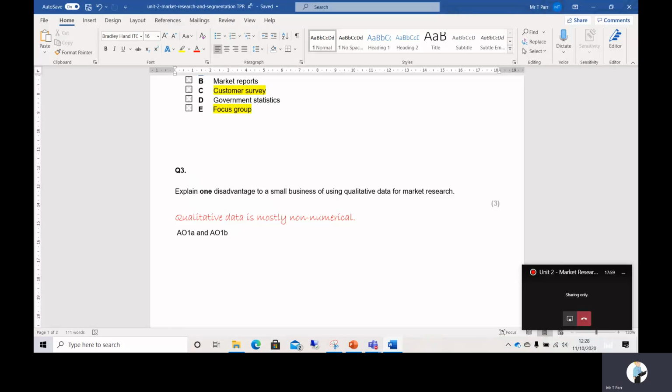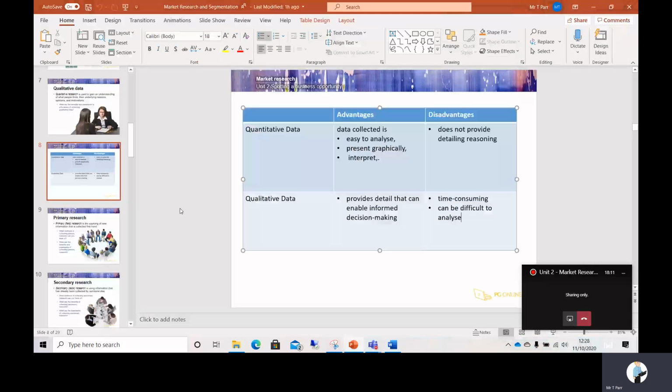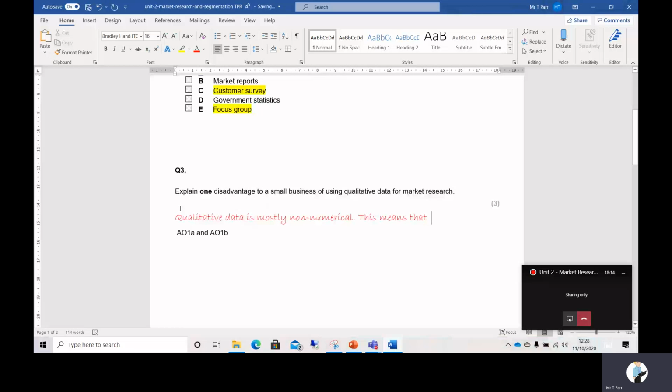Okay, there we go. So I've explained what qualitative data is. Probably get a mark for that. But now we need to think about a disadvantage. Let's go back. Makes it difficult to analyze. This means that it can be difficult to analyze. Good. I think that's another mark.